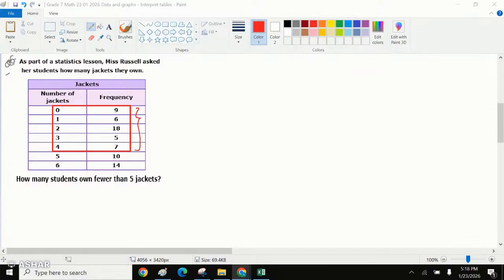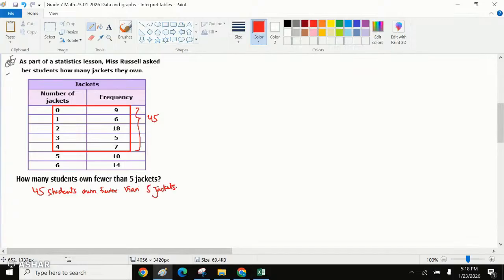That should be 45. So we can say 45 students own fewer than 5 jackets.